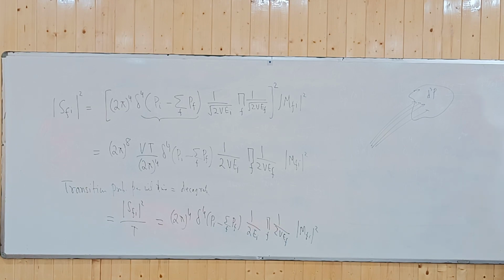Within this infinitesimal volume, let's look at the transition probability per unit time such that the particles are captured within this volume element, or make a transition from the initial state i to the final states, which form a continuum. We'll look at this small volume element.